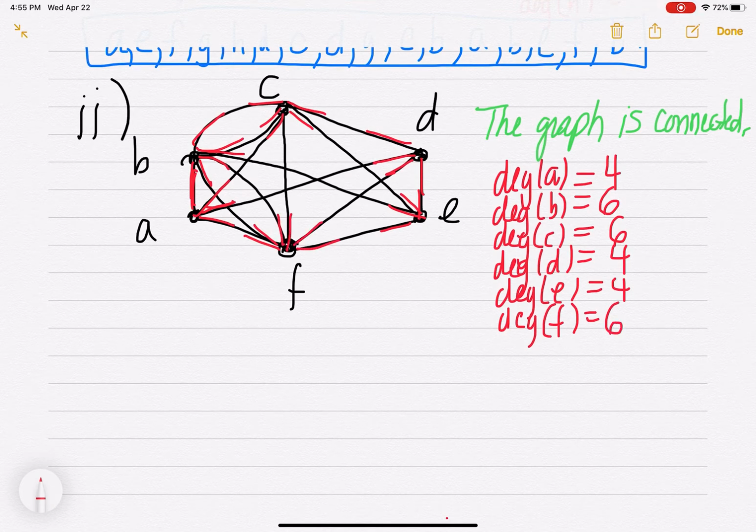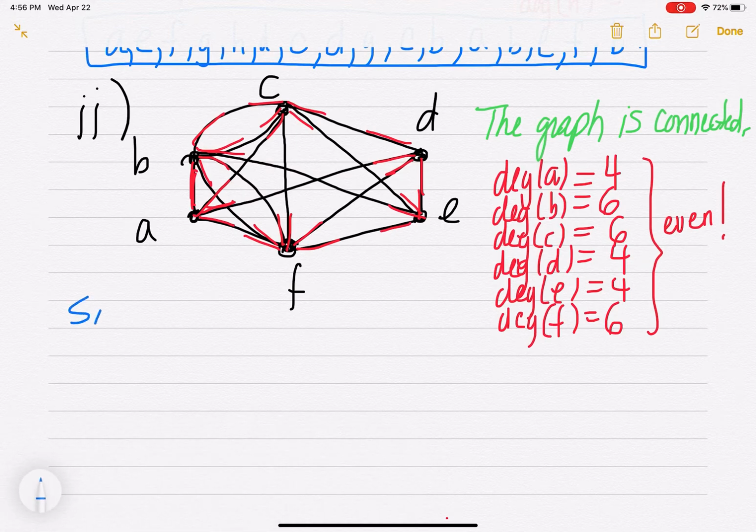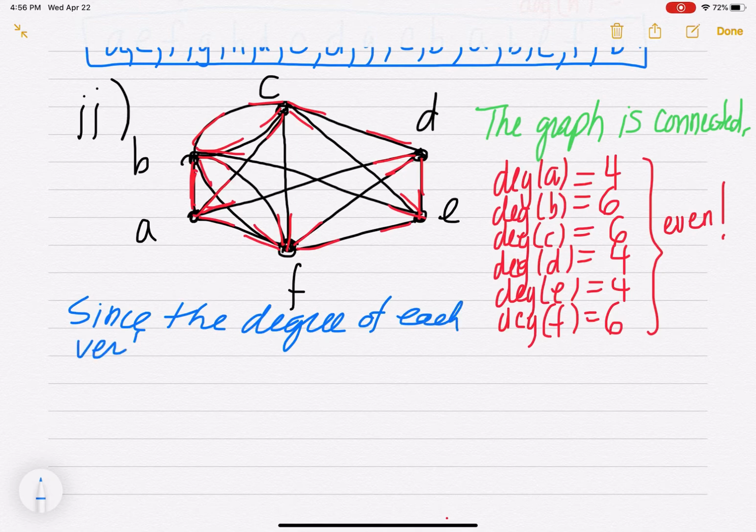So notice how all the degrees are even, right? These are all even. That should be exciting. When you have a connected graph with all even degree vertices, since the degree of each vertex is even, then the graph has an Euler circuit.